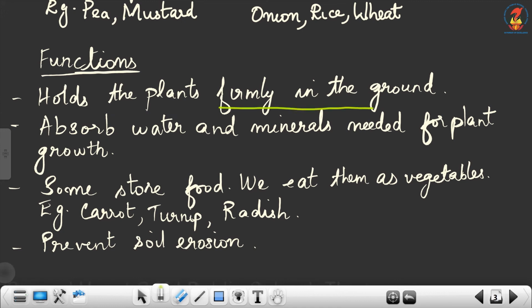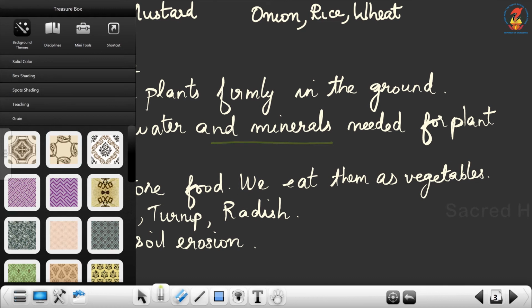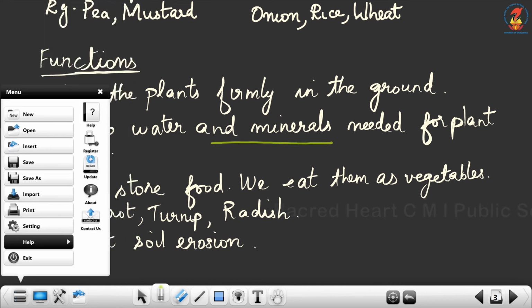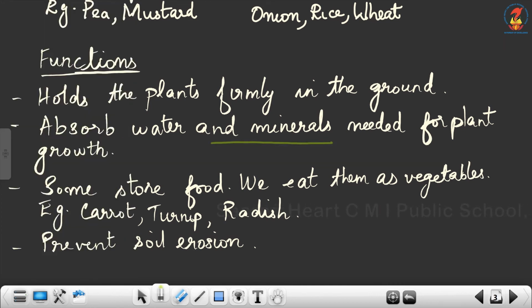That is, it anchors the plant or holds the plant to the soil so that it won't fall off. Then it also absorbs water and minerals. Only if the roots are able to absorb water and minerals, the plant will be able to grow.